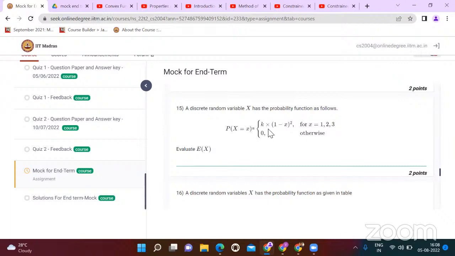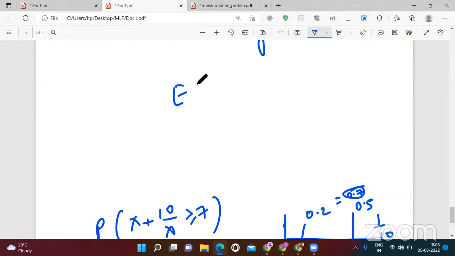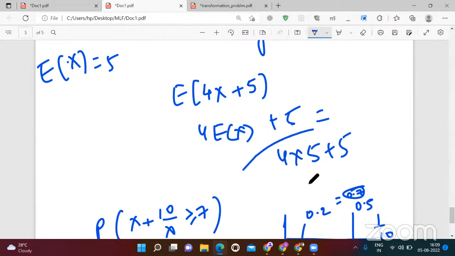Expectation is important. If you are asked to calculate the expectation of 4x plus 5, and the expectation of x is given as 5, you can calculate it, right? 4 into expectation of x plus 5, so 4 into 5 plus 5.